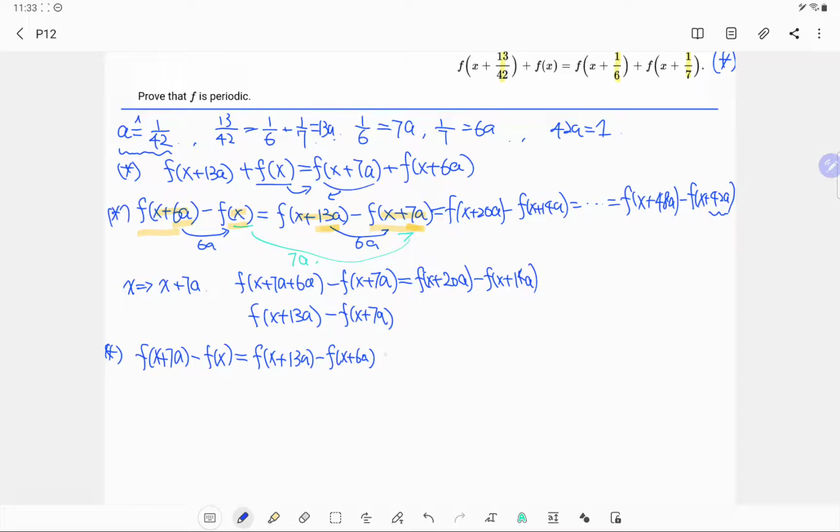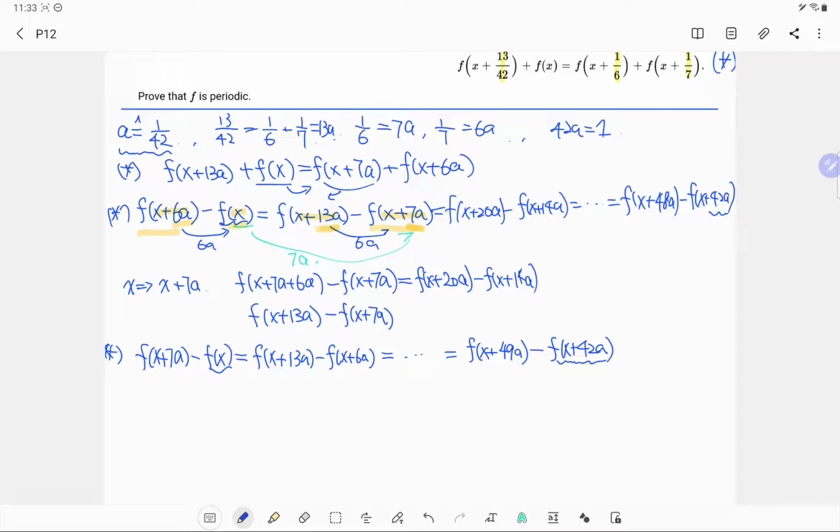And actually we can also repeat the same procedure, so that it will be all the way up to f(x + 49a) - f(x + 42a). And we also have the term f(x + 42a) here. We have f(x) here, f(x) here.